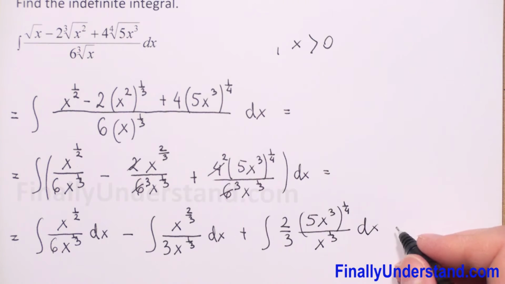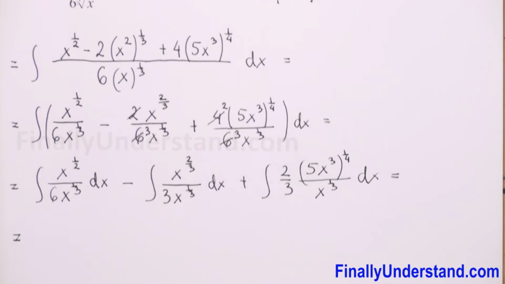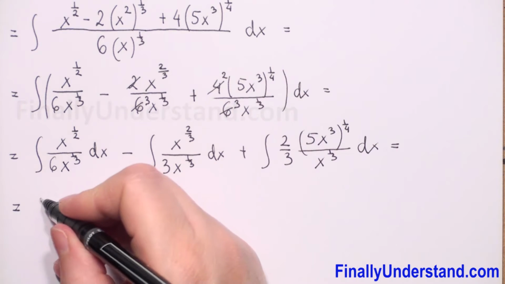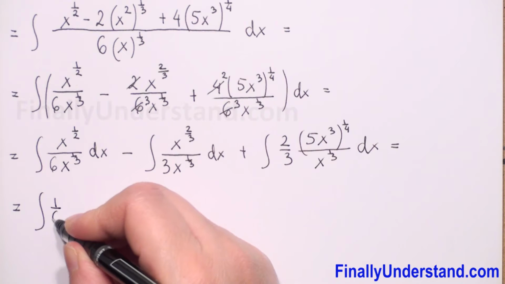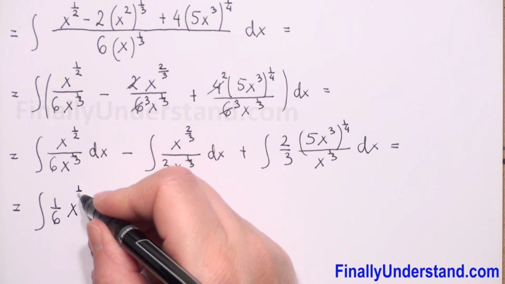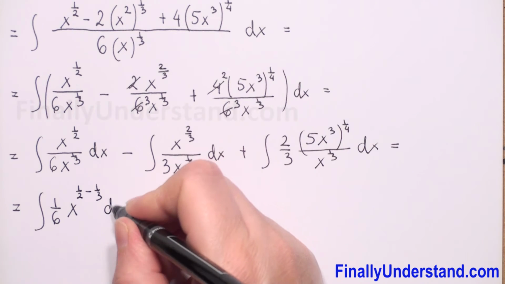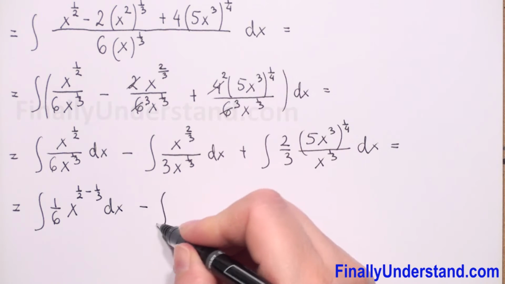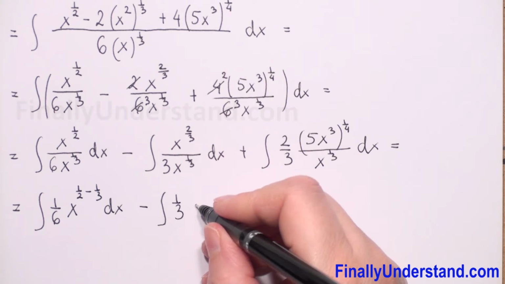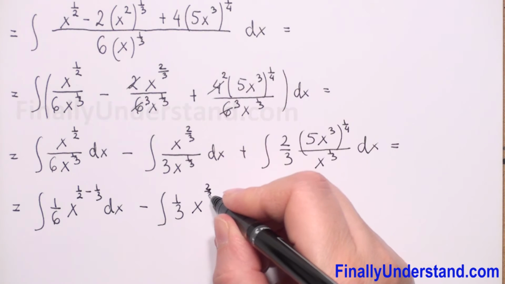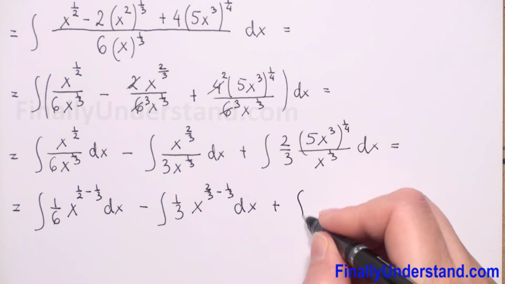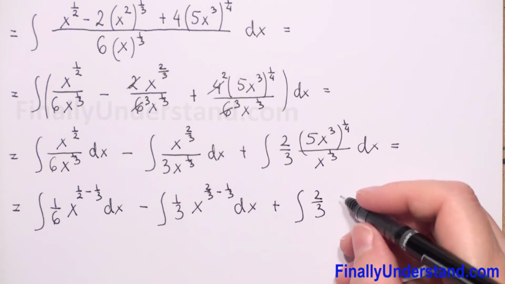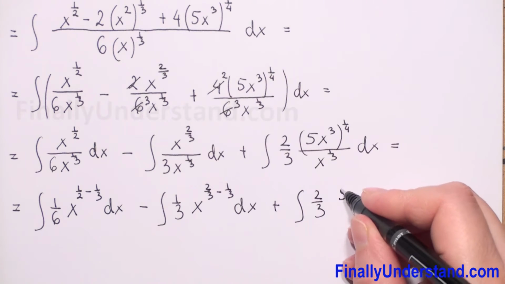So this is equal. We have the integral of, when we have the same base, we have to subtract exponents, so it will be 1/6 x to the power 1/2 minus 1/3 with respect to x minus, and we have the integral of 1/3 x to the power 2/3 minus 1/3 with respect to x plus, and we have the integral of 2/3 and we have 5 to the power 1/4.